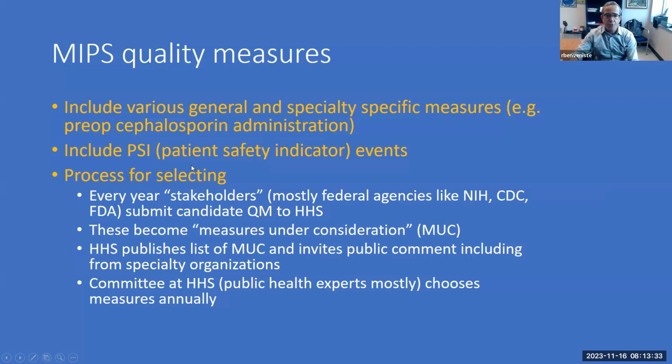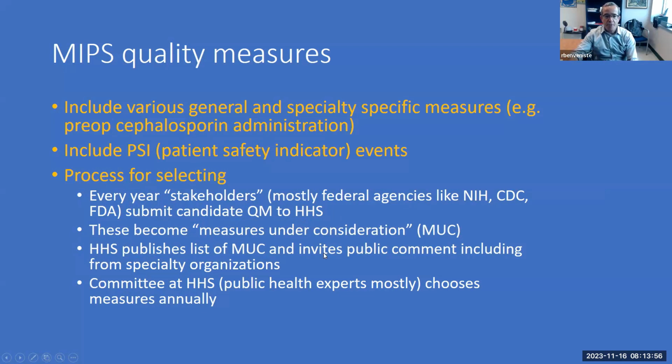And the process for selecting what is a good PSI, what is a good complication metric, is that every year various stakeholders, not you and me, but federal agencies, submit possible complications to monitor to the Department of Health and Human Services. A committee at HHS makes them what are called measures under consideration.